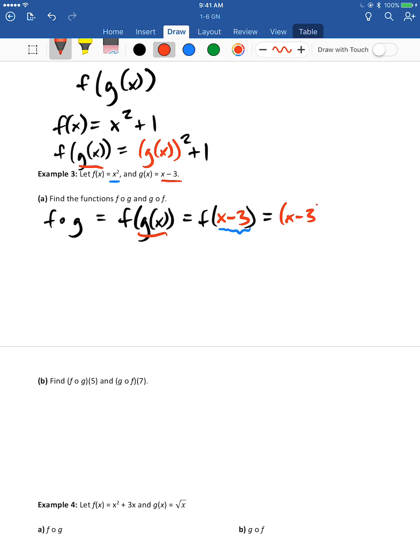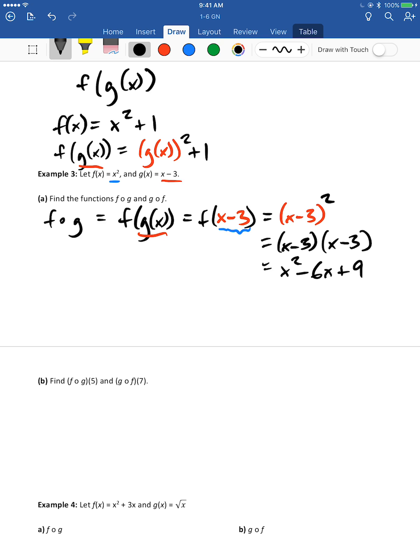X minus 3 squared. I'm going to have to FOIL this or distribute, whichever term you prefer. So this is going to be x minus 3 times x minus 3, which is x squared minus 6x plus 9. And I'm done. That is f of g of x.